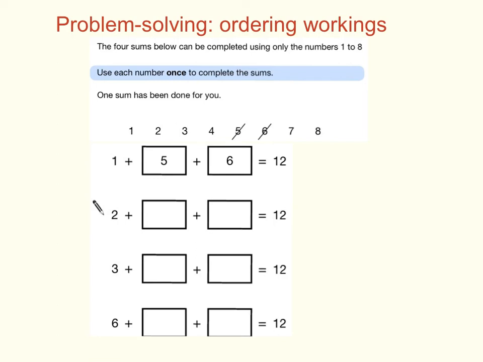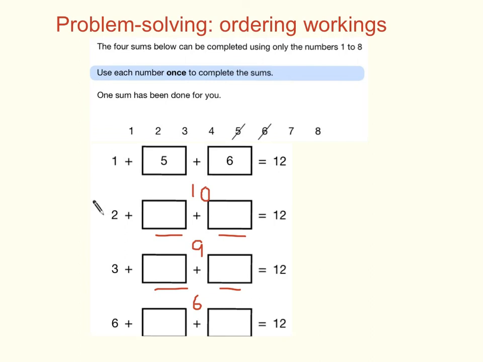Okay, well this is an interesting example, because here you can see that these 2 boxes here are going to have to add up to 10 in total. These ones here are going to have to add up to 9 in total, and obviously the ones at the bottom are going to have to add up to 6. Now the thing that's slightly tricky here is that there's lots of ways of making the 10. I could do 8 and 2, I could do 7 and 3.